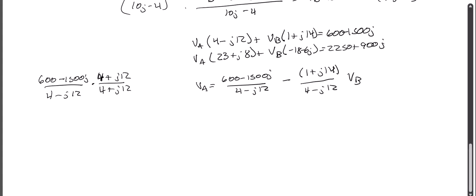I don't have exactly all the intermediate steps, but I can tell you that this turns into 127.5 plus j7.5, and this turns into 1.025 minus 0.425j times VB.